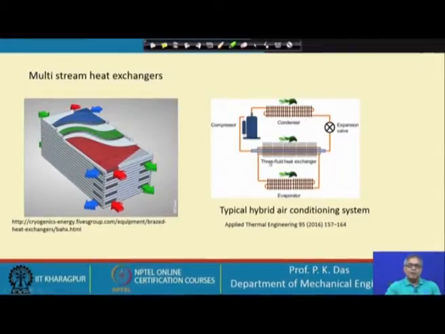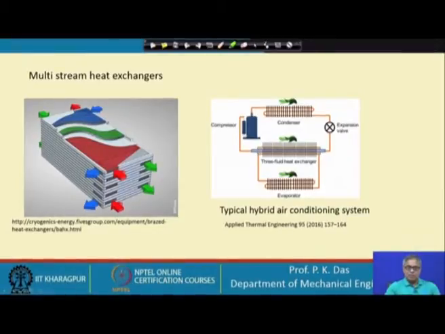Then on the right hand side we have one example which could be a hybrid air conditioning system, and in that you can see that centrally there is one heat exchanger where 2 fluids are there. It is a 2 fluid or double tube type of heat exchanger, but at the periphery there are fins. That means on the periphery we can pass air.